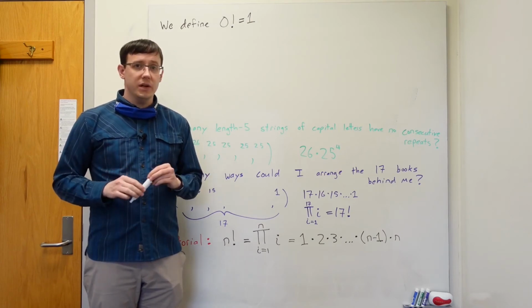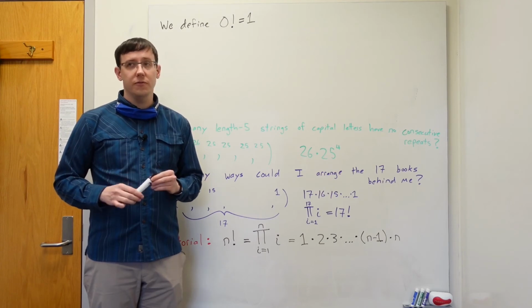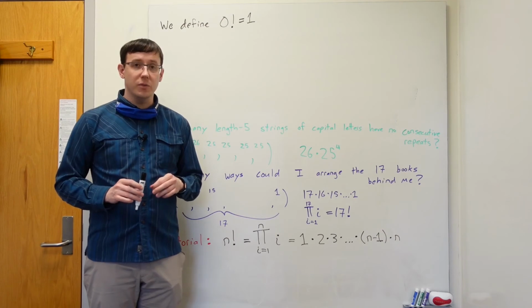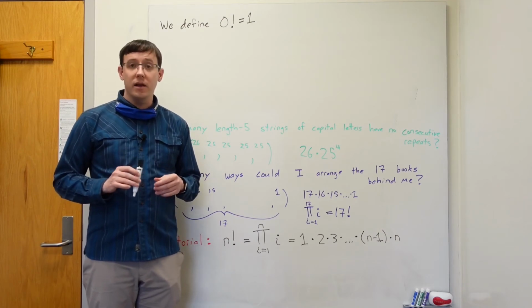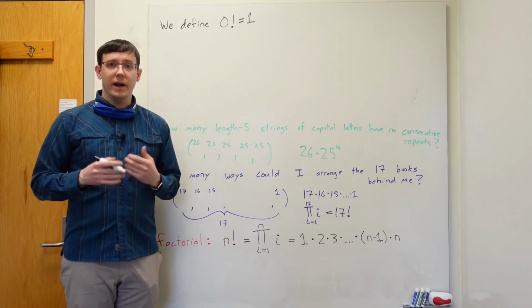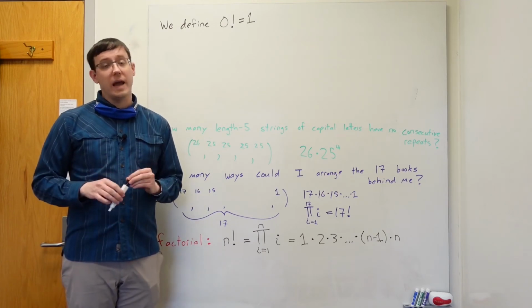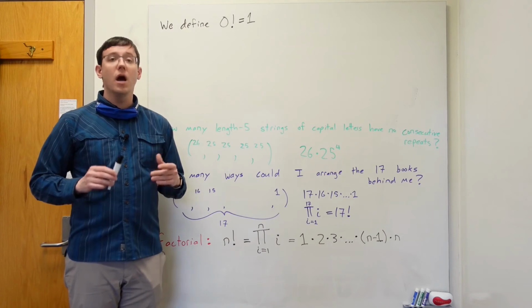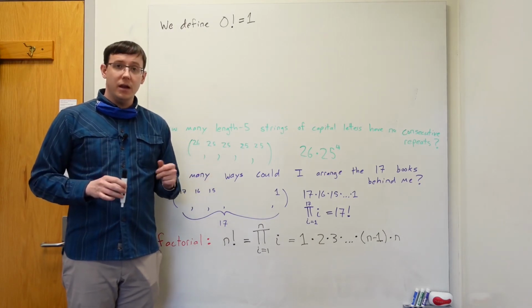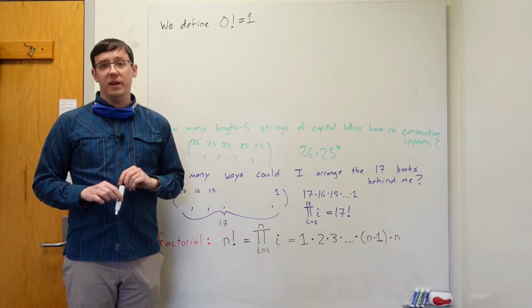But one line of reasoning that I think can be particularly helpful for computer scientists is thinking of the connection between factorial and the product of a list of numbers. If you were going to write code that takes in an array of numbers and computes the product of all of the elements in that array, your pseudocode might look something like this.